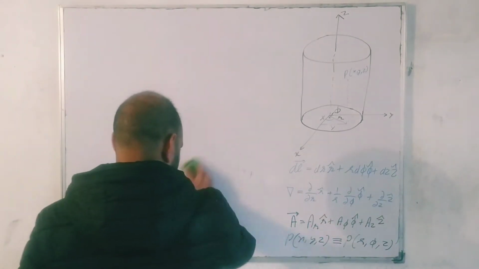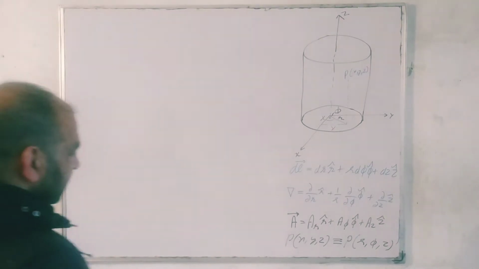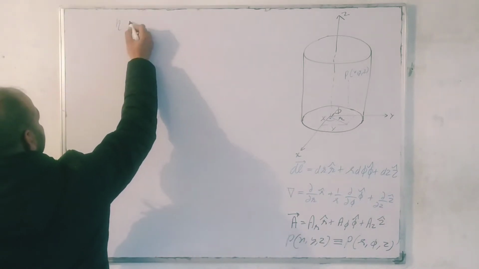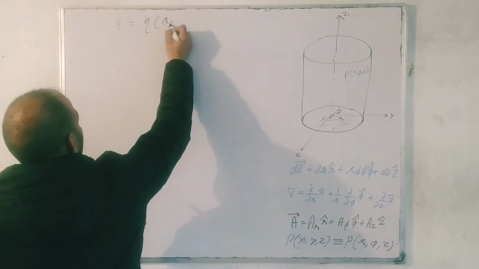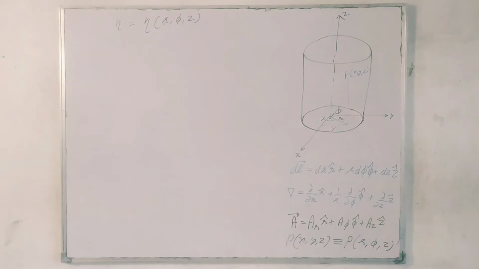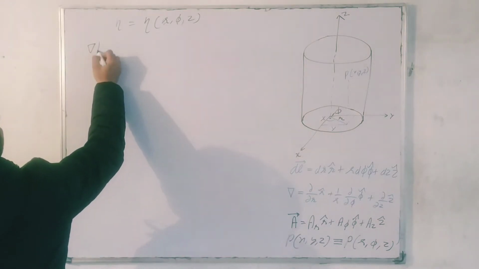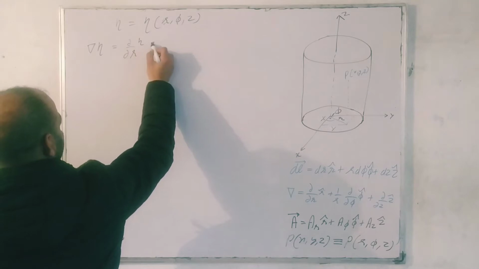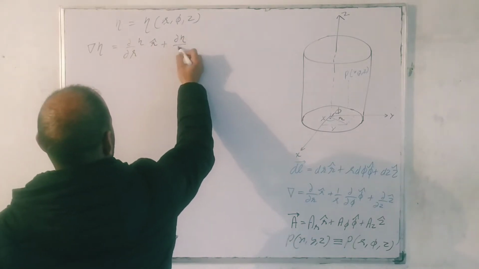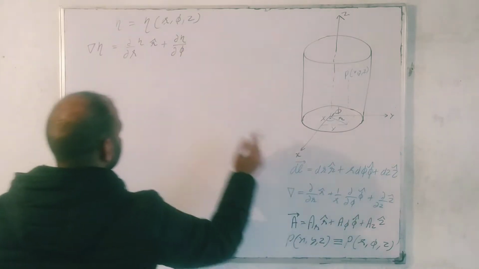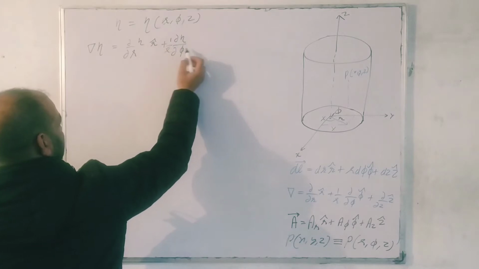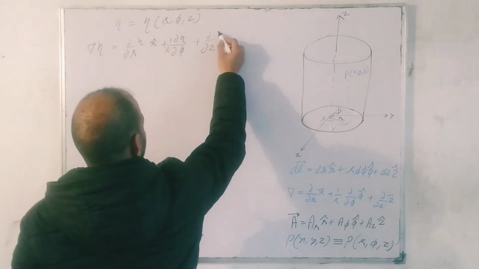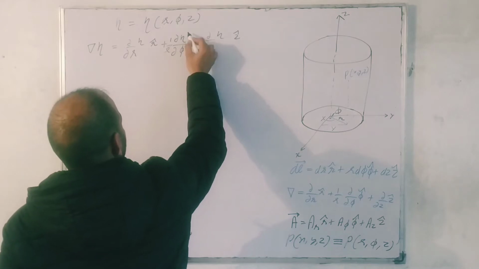When we operate this del operator on some scalar function, suppose this is our scalar function, neta, which is a function of R, phi and z, it will become curly neta upon curly R along the direction of R, plus 1 upon R curly neta upon curly phi along the phi direction, so this term remains as it is, plus curly neta upon curly z along the z direction.